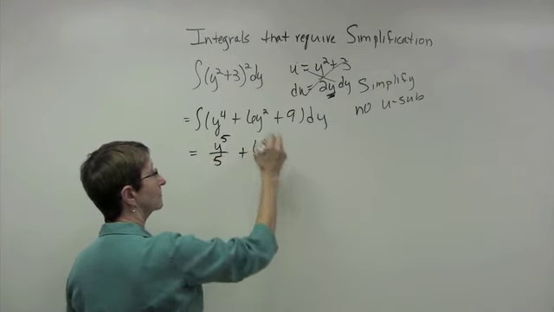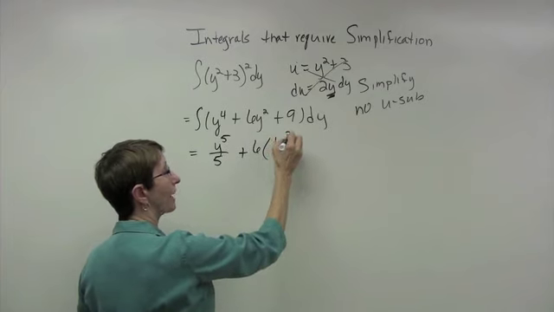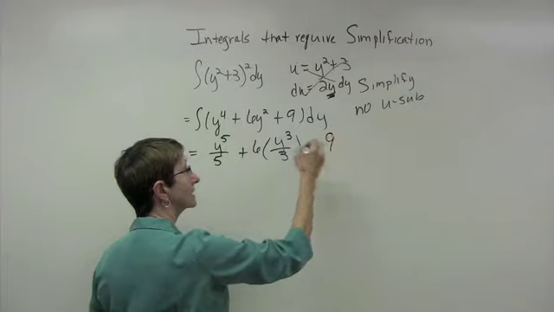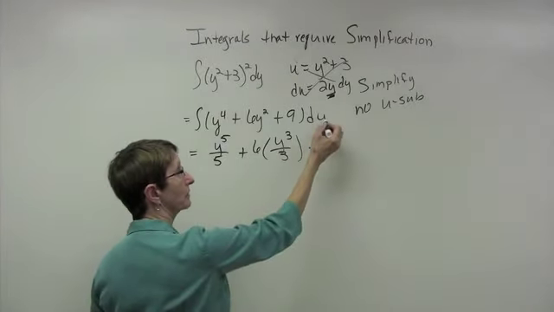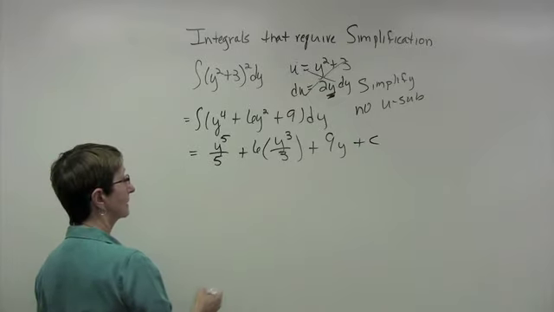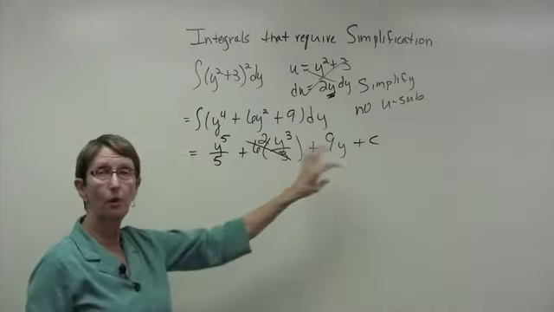Plus 6 is a constant multiplier. The antiderivative of y squared is y to the 3rd over 3. Plus 9 is a constant, so I multiply it by the variable of integration, which is y, and then plus c. So I could simplify and make this 2y cubed, but this would be what we have.